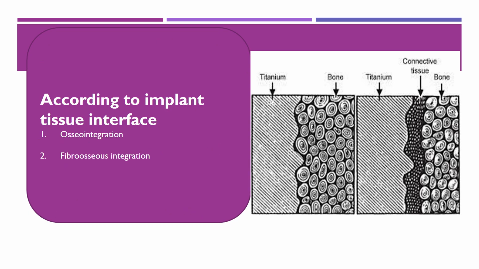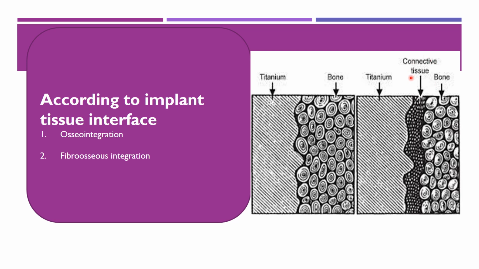According to the implant tissue interface, there is osseointegration and fibrous integration, but we are expecting to have osseointegration. You can see that in osseointegration, the titanium will be directly connected to the bone. Whereas there will be an infused growth of connective tissue over the bone surface, so there is a fibro-osseous integration.